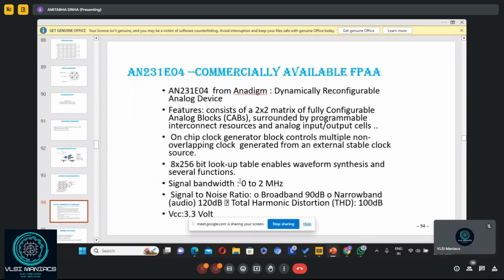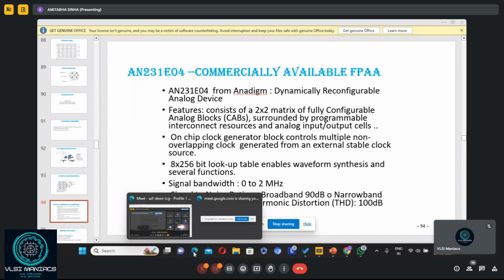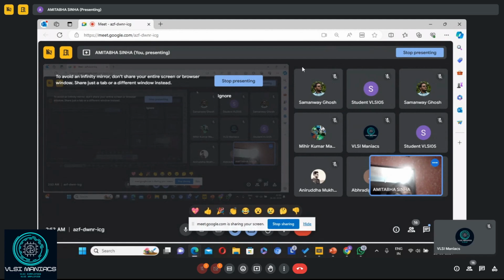And your signal bandwidth, can you tell it's a function of which one? So far, whatever we have discussed, what is your perception? Ask yourself simple questions. The speed of this RC circuit, the switched capacitor circuit, depends on what factor?